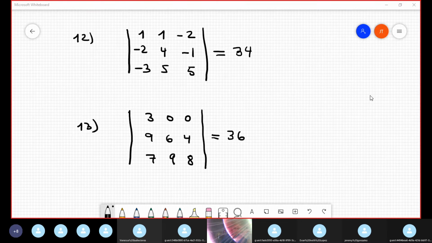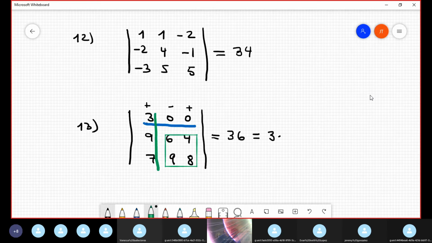Now let me check it just in case. The 13 problem. Suppose some students expand the determinant using row 1. The first number 3 is multiplied by its cofactor. In this position the cofactor is positive, then negative, then positive. The cofactor is the positive of the minor formed when you delete row 1 and column 1.